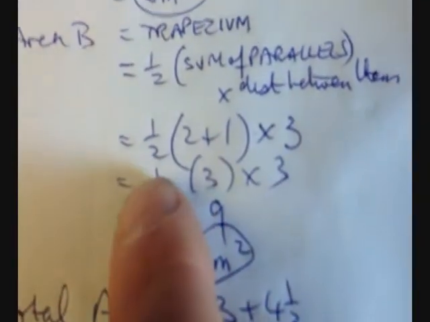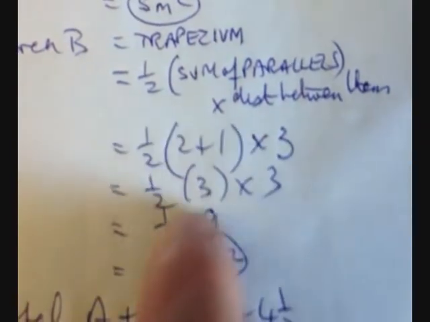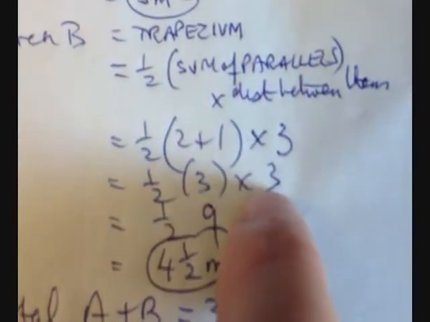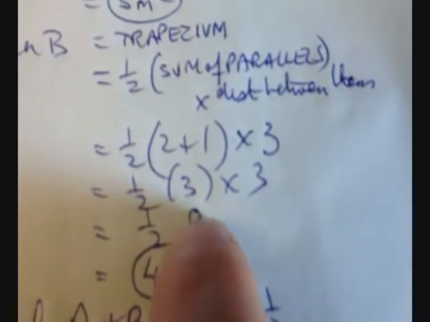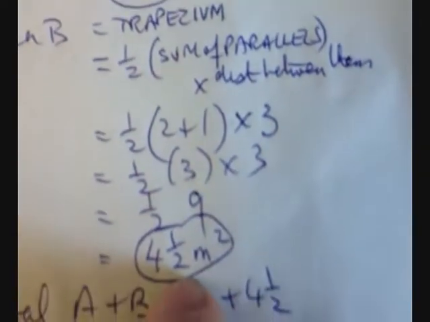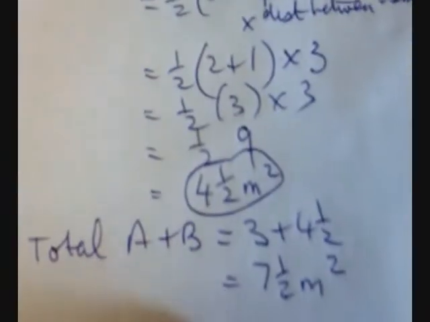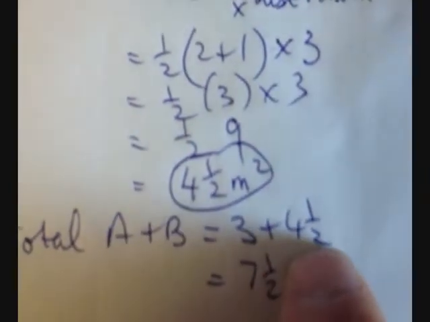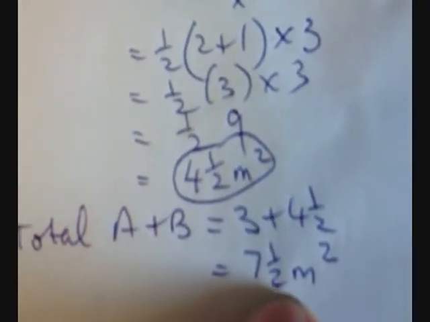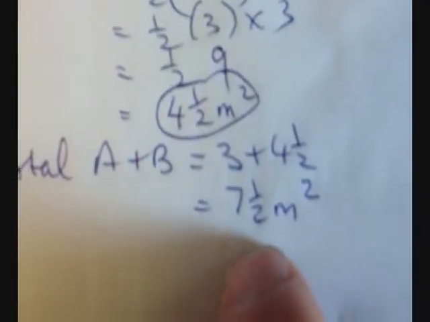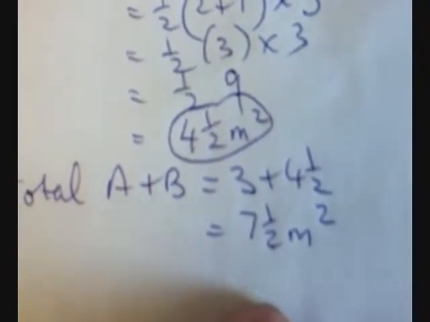So we've got 2 and 1 times 3, half of 3 times 3, half of 9, 3 threes are 9, makes 4 and a half. So finally the total of A and B is 3 and 4 and a half, 7 and a half altogether. So the area of that end is 7 and a half.